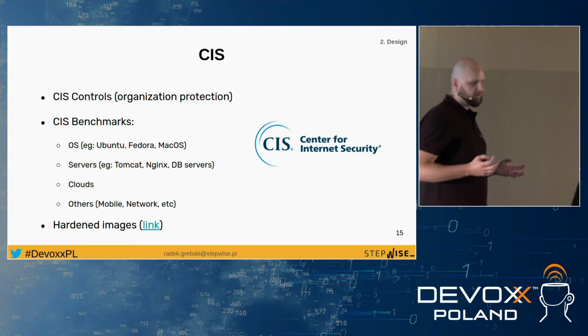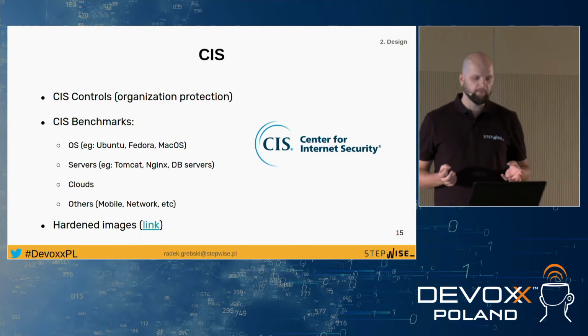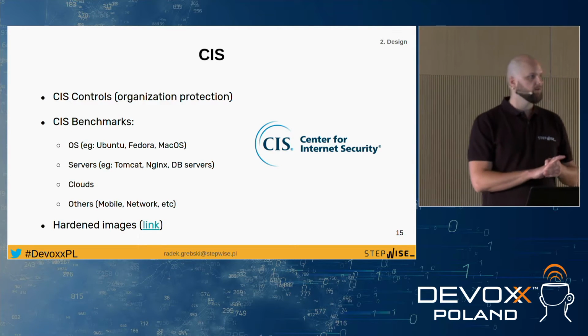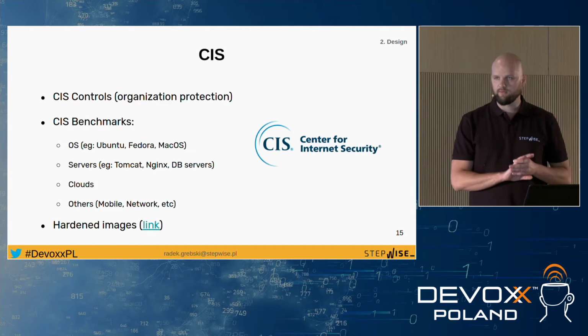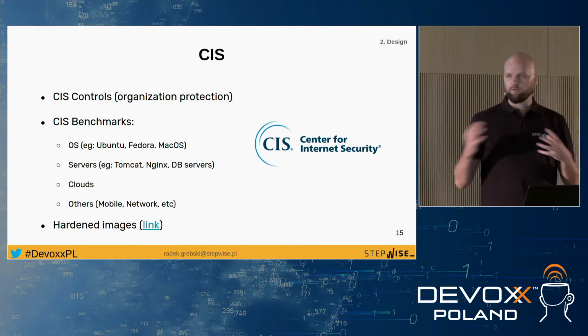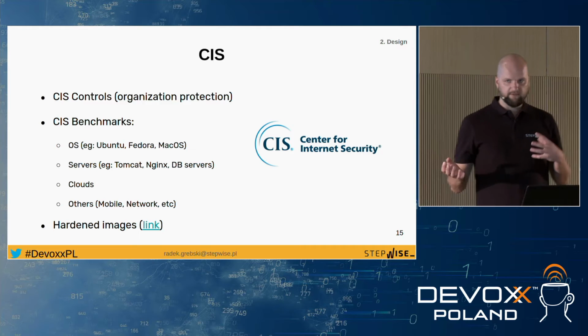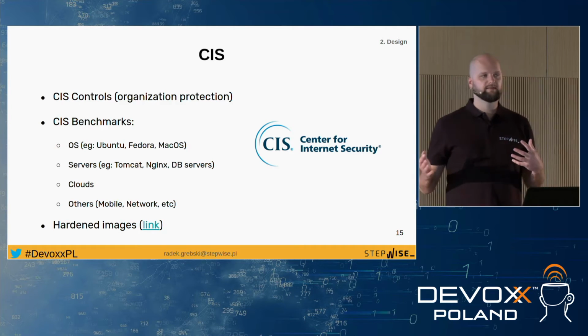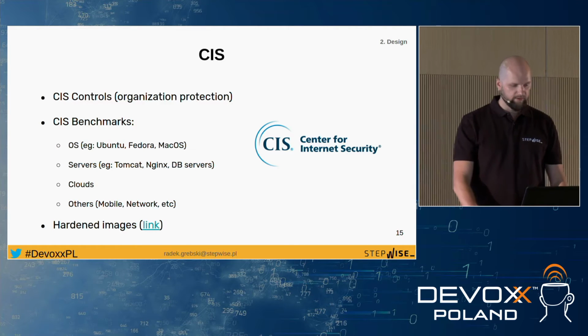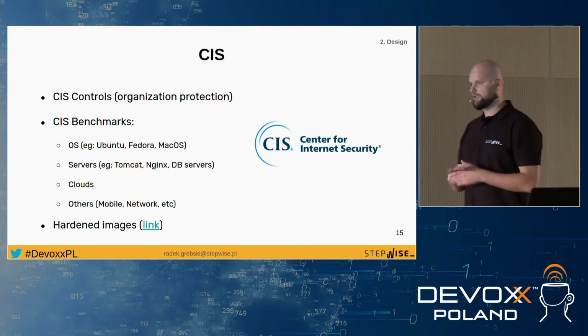For our development process, more interesting is CIS Benchmarks, which is a set of documents where each document is designed, for example, for operating systems, for different servers, web servers, database servers, and stuff like that, and clouds and others, and also contains hardened images.